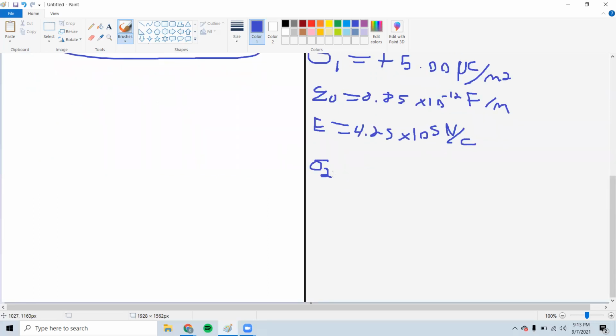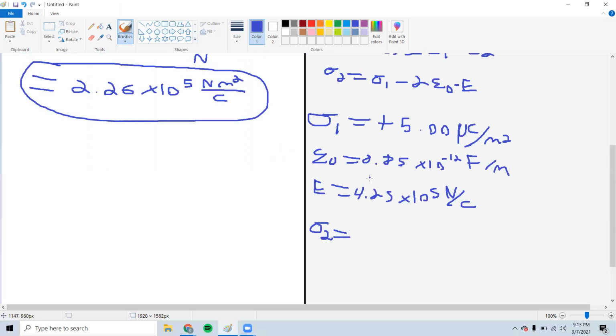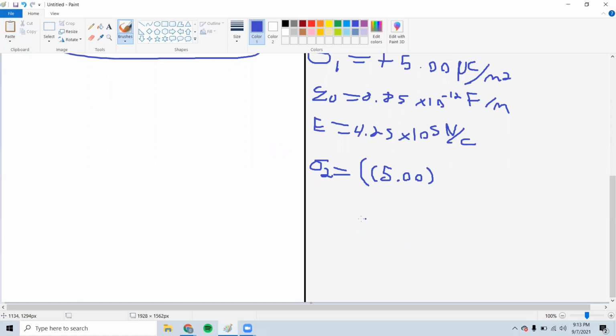So sigma sub 2 is equal to, we're going to put these in parentheses, 5.0, and we'll put the units at the end.